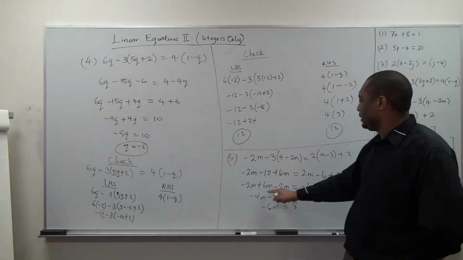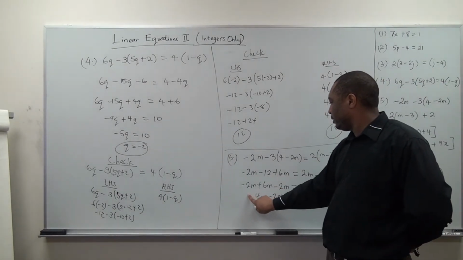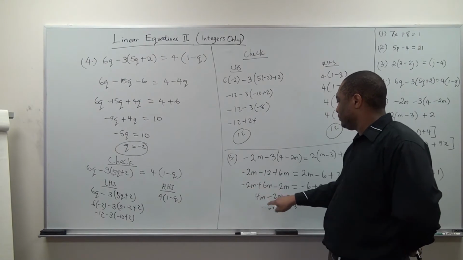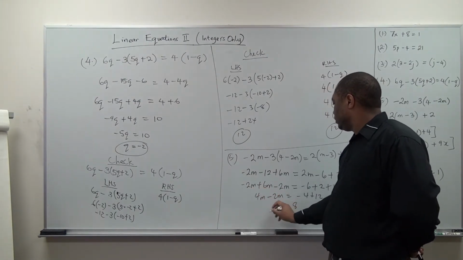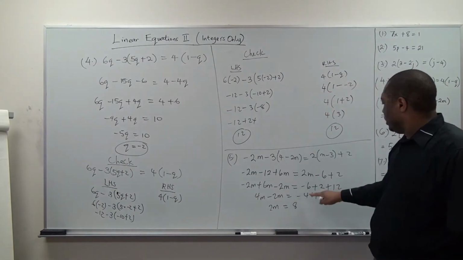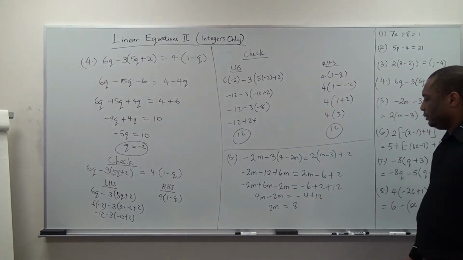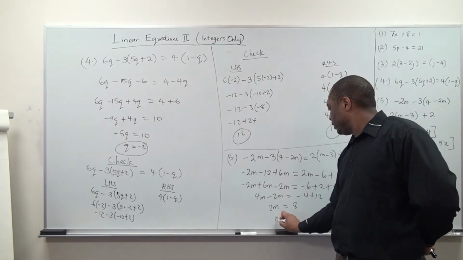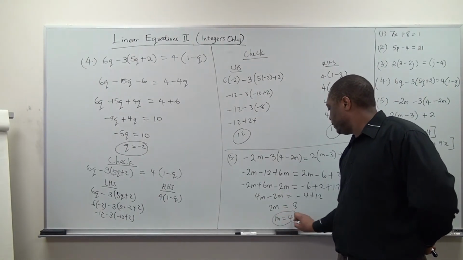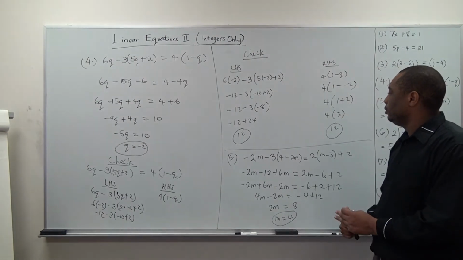Okay, negative 2m is actually 4m. I'm sorry. You owe 2, you have 6. So this is 4m minus 2m, which is now 2m equal to negative 4 plus 12 gives you 8. So you divide both sides by 2, and m gives you 4.